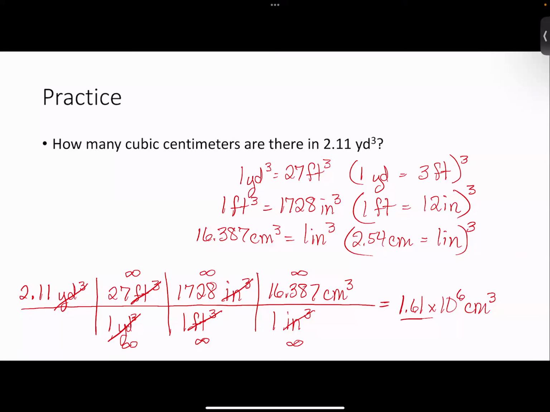And so a lot of times that's what I do, I base it off of what's in the question and not all the conversion factors. But you could base it off of everything. It's just a lot of times what's in the question is going to be the determinant factor.